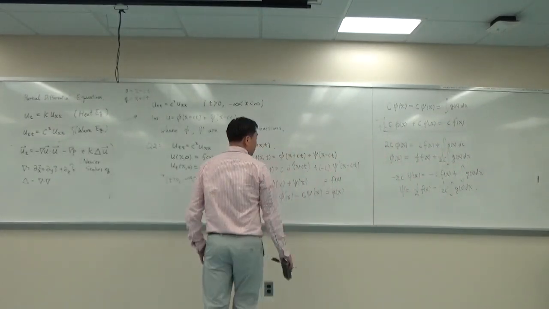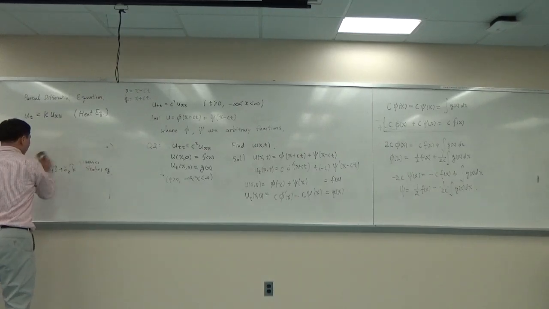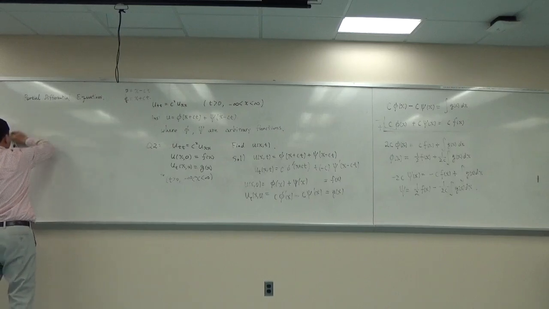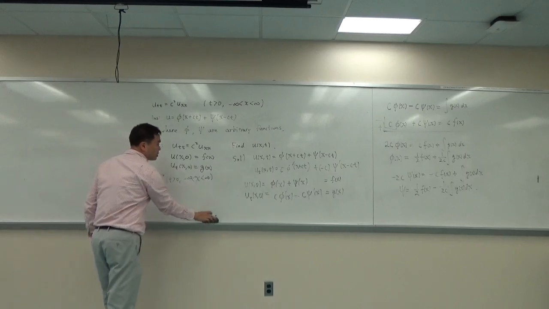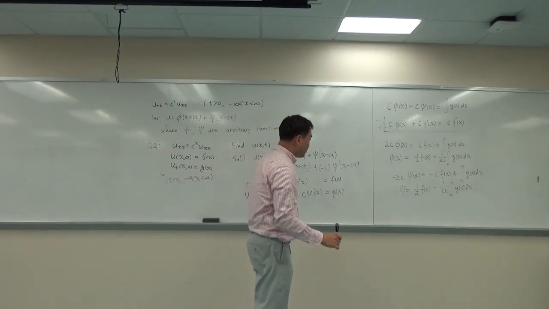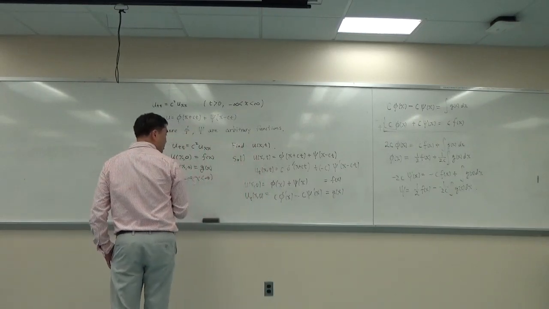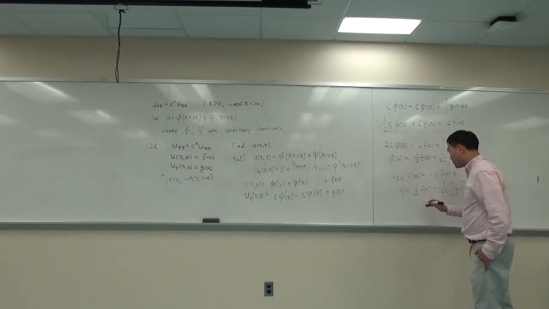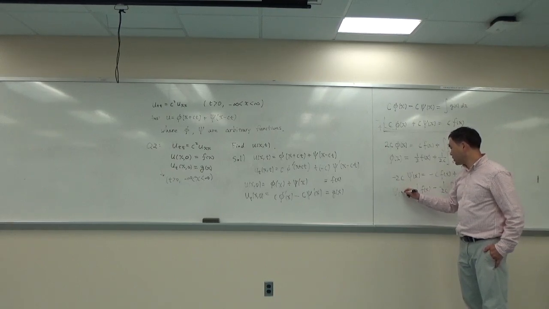Well, since we figured out what psi of x is, that allows us to now reconstruct u of x and t. So let's see. However, there's a problem here. See, psi of x is this.